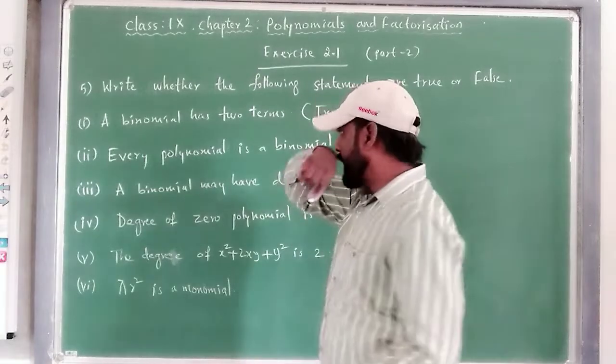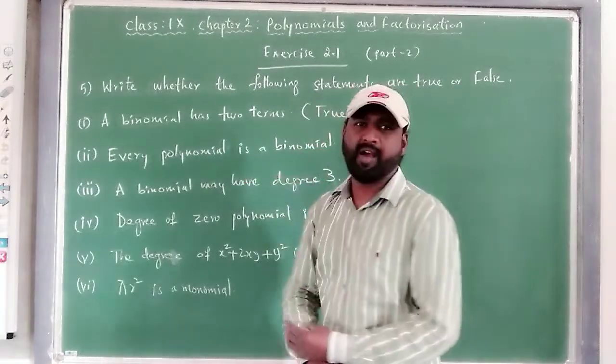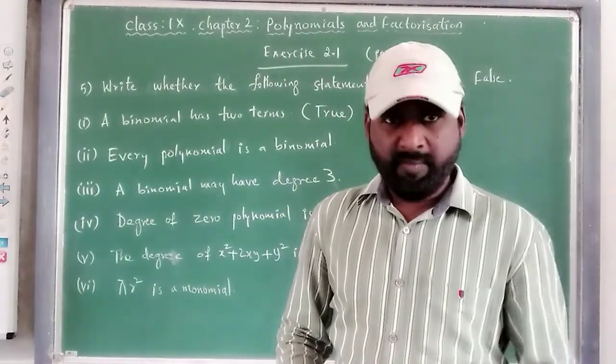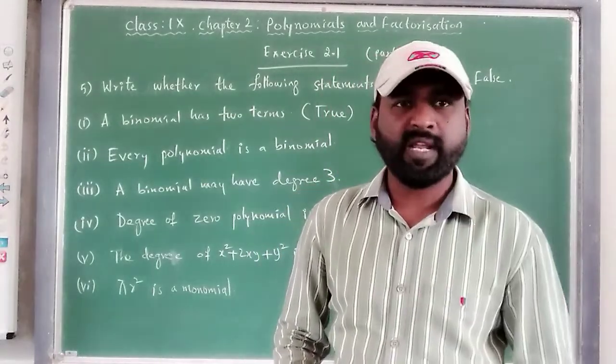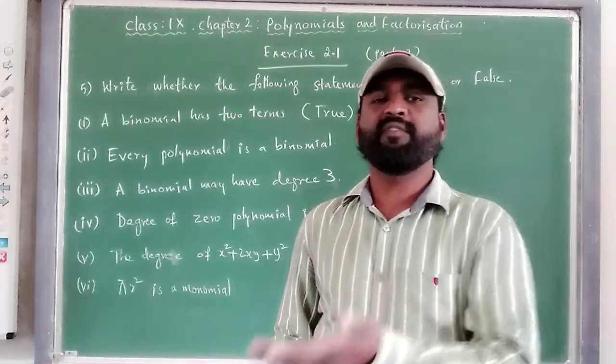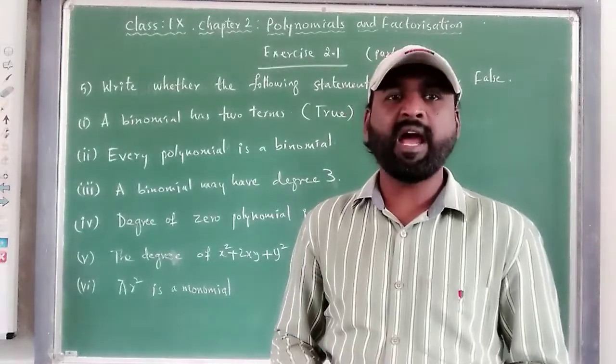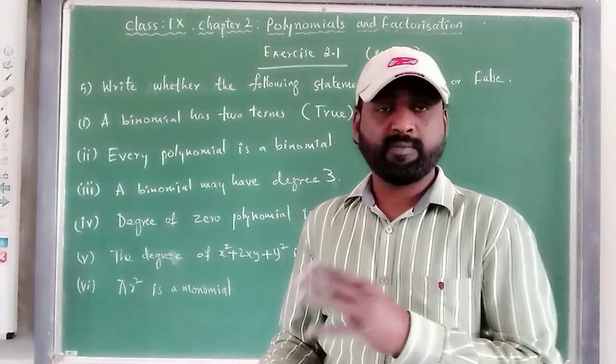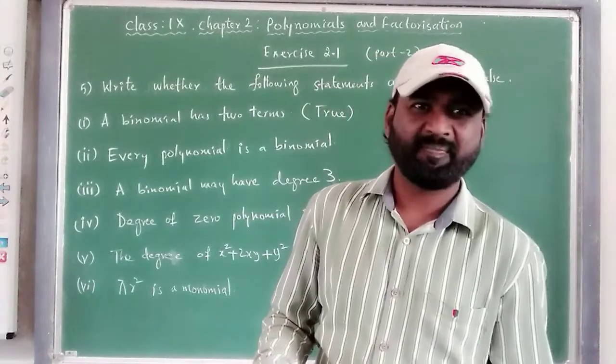Next, every polynomial is a binomial. No, we cannot say every polynomial is a binomial. It can be a linear polynomial, it can be a cubic polynomial, it can be a 4th degree polynomial, it can be a 5th degree polynomial. A polynomial may have different number of terms. All polynomials may not be binomials, but all binomials are polynomials.